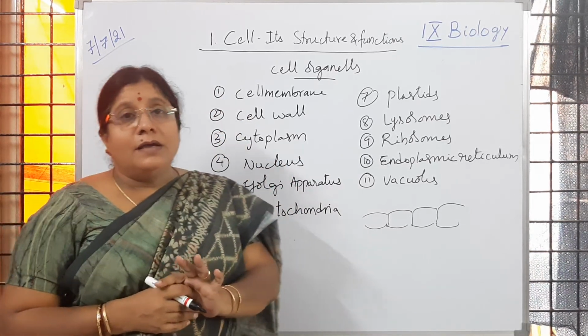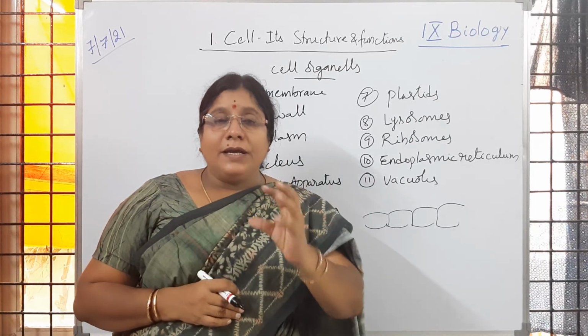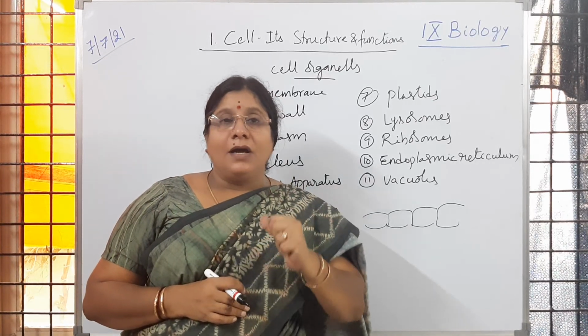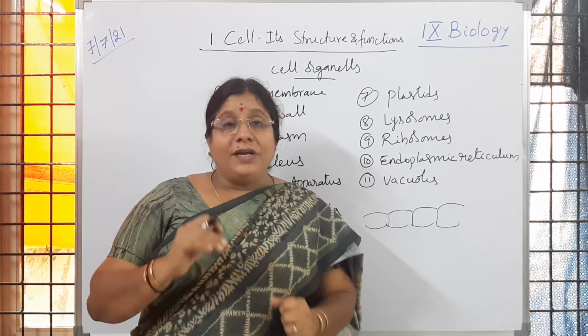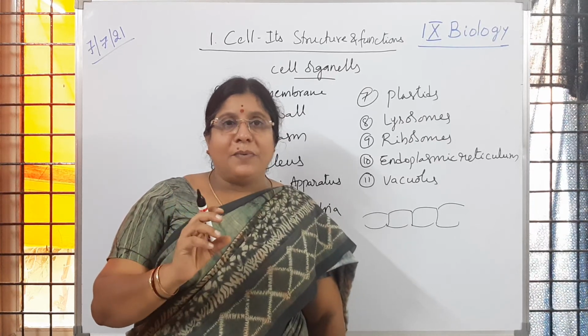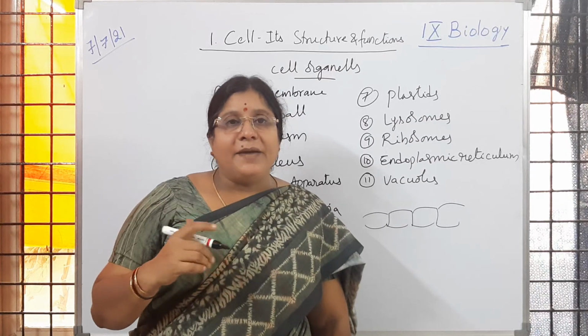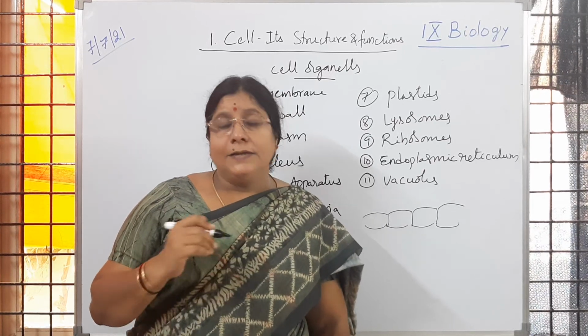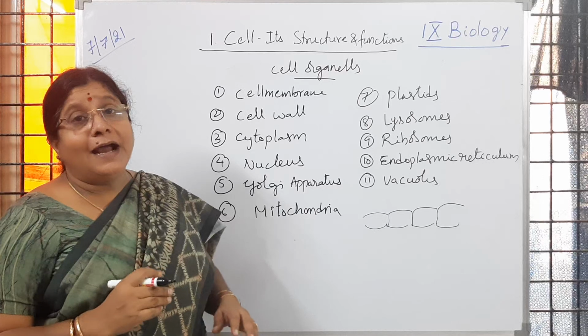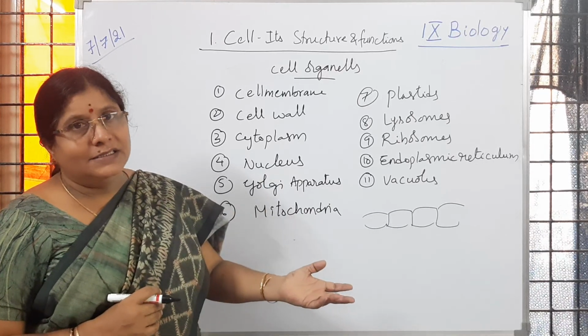That's how we are able to know the dimensions of the cells. When we observe the cells with the help of an electron microscope, we can see the three-dimensional pictures of the cell and its organelles. Is it clear to children?